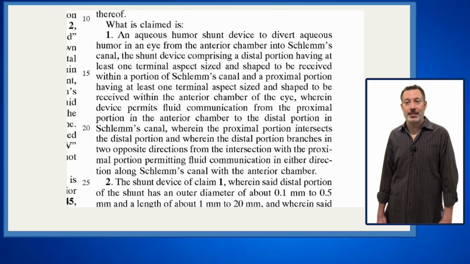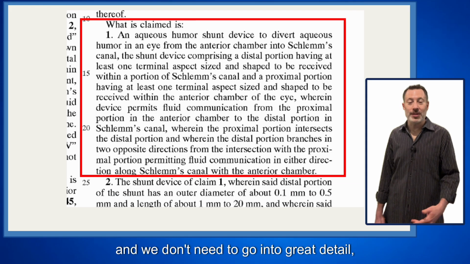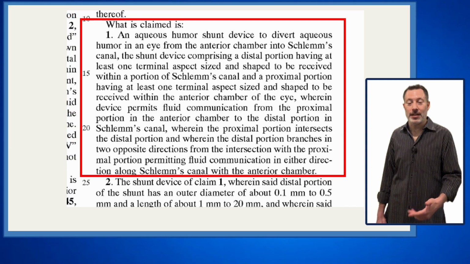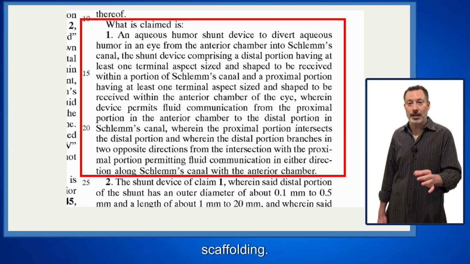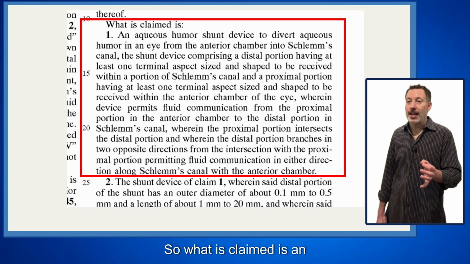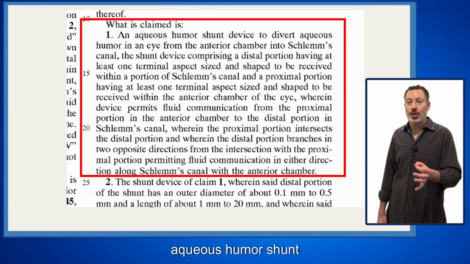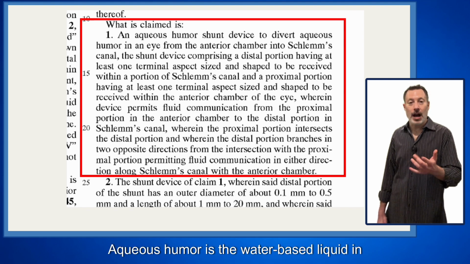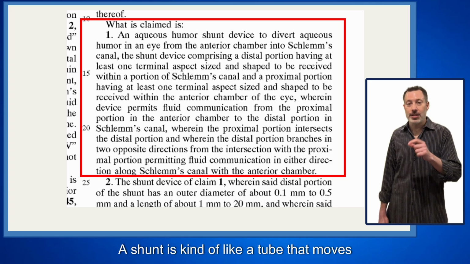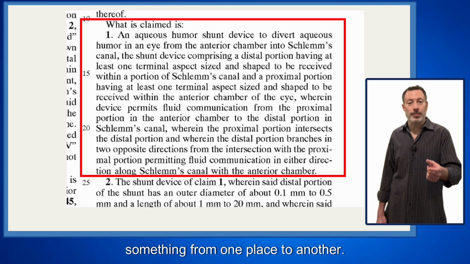Here's the patent language, and we don't need to go into great detail, but just check out the flow of it. They want to patent this little bit of scaffolding. So what is claimed is an aqueous humor shunt device. Aqueous humor is the water-based liquid in the eye. A shunt is kind of like a tube that moves something from one place to another.